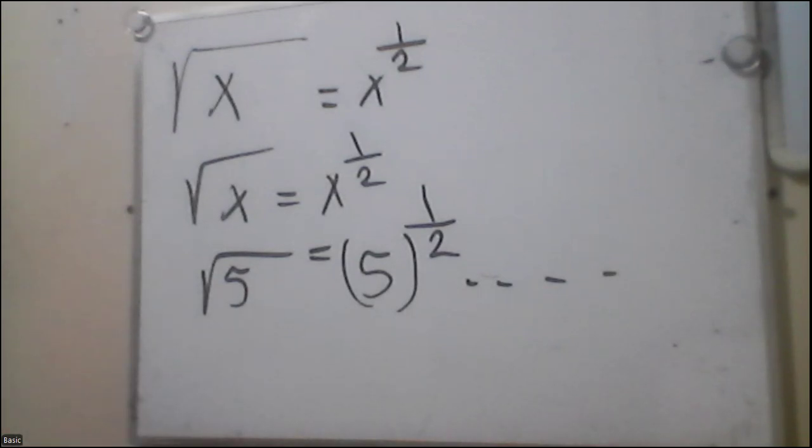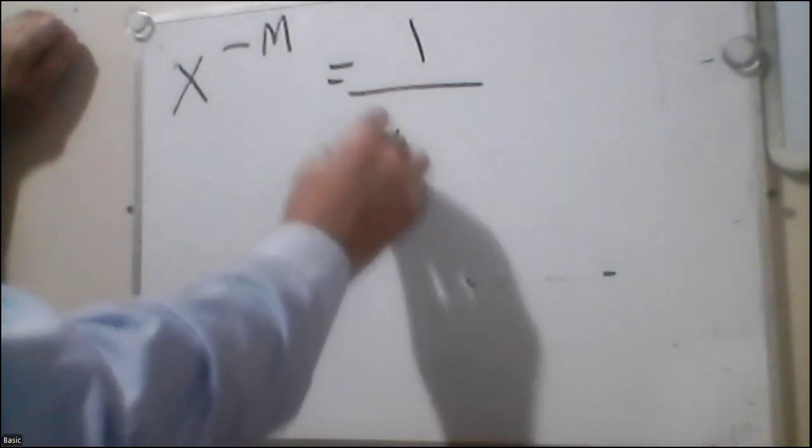Okay, based on this, we have another consideration. If we have x power minus m, that will equal 1 divided by x power m.